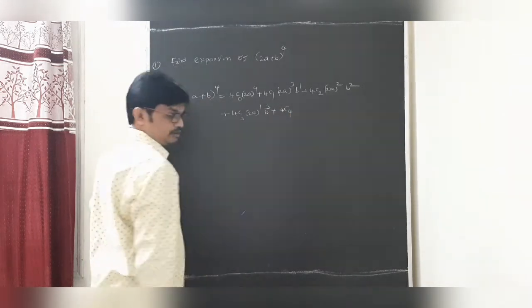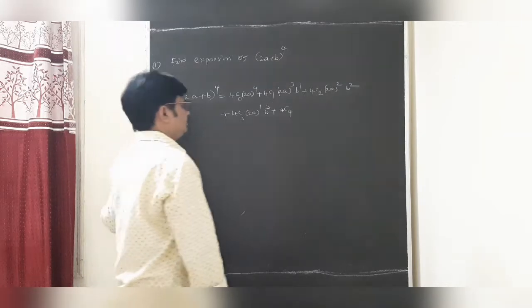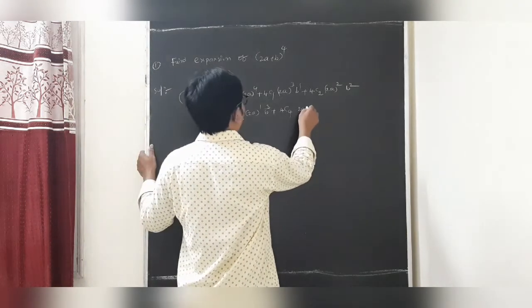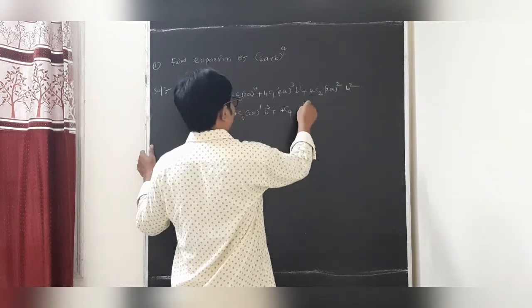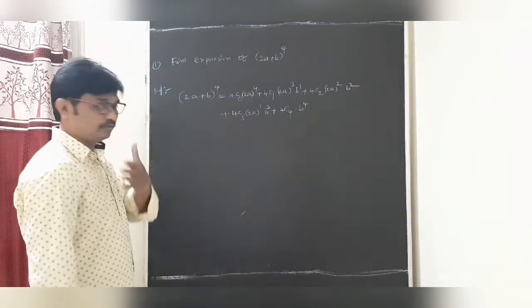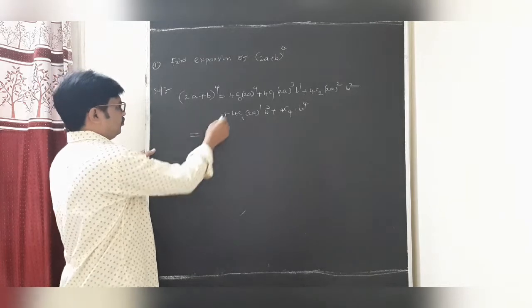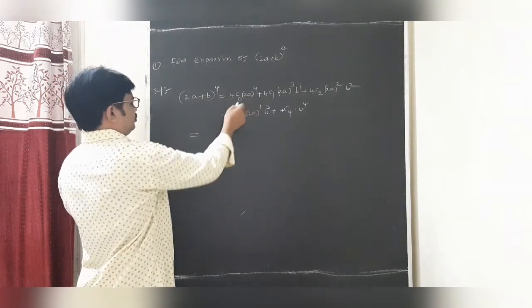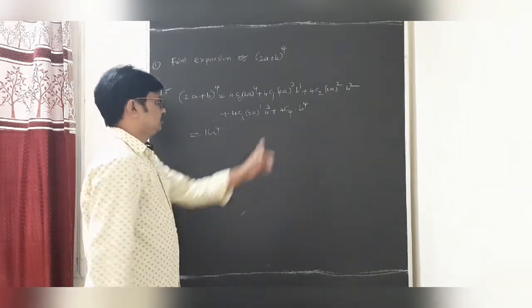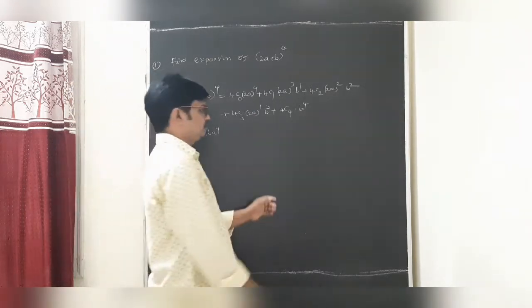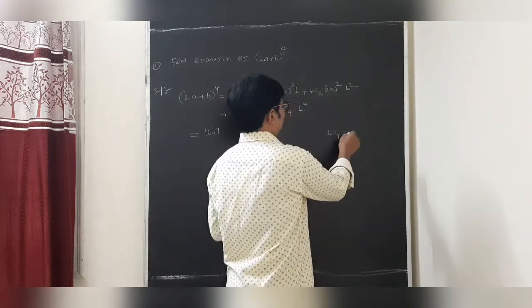Finally 4C4 (2a) power 0, that means any power 0 has value 1, b power 4. So 4C0 has value 1. 2 power 4 is 16, so 16a power 4. And 4C1 is also 4.